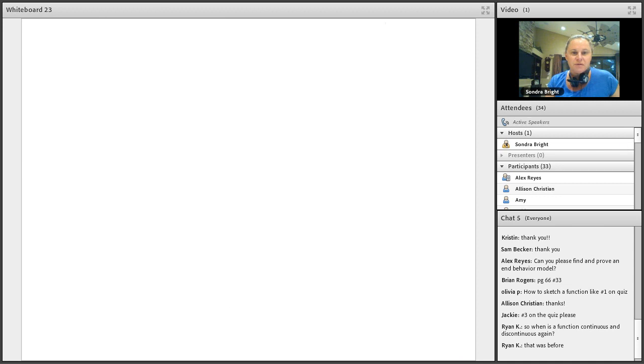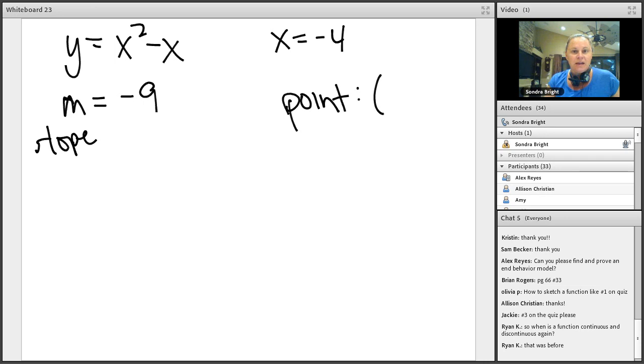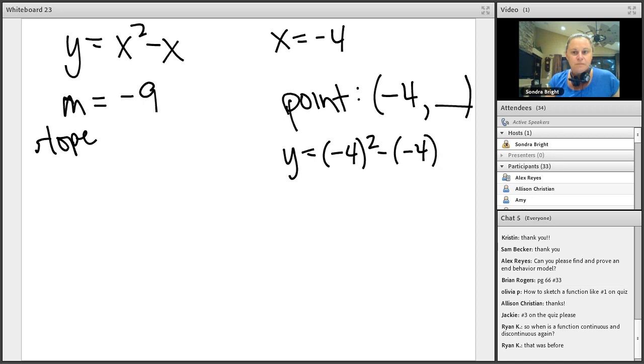That would be awesome. Okay, so y equals x squared minus x was our original. We want at x equals negative 4. We just found that your slope is negative 9, right? That's your slope of the tangent line, and then a point on the tangent line would be negative 4 for x, and then you plug the negative 4 into your function to figure out what the y value would be, which would be 16 plus 4, which is 20.